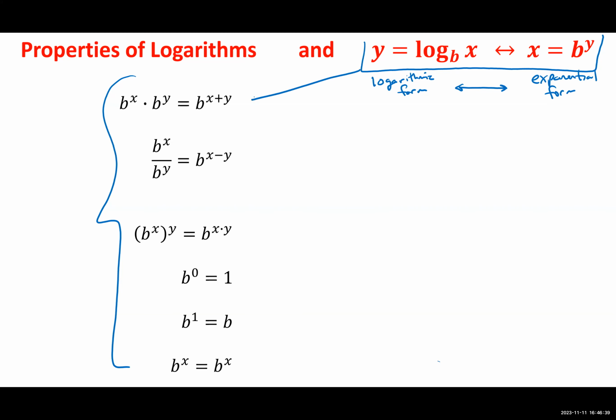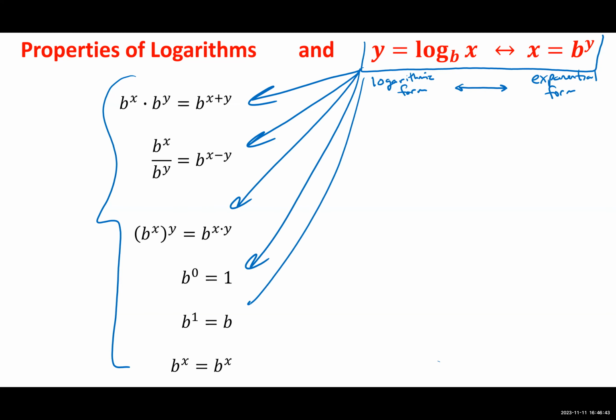We're going to apply the definition of the logarithm to each one and translate from exponential form to logarithmic form. We're not generating a new list of properties; we're taking a list we've seen in the past and rewriting each one into logarithmic form.